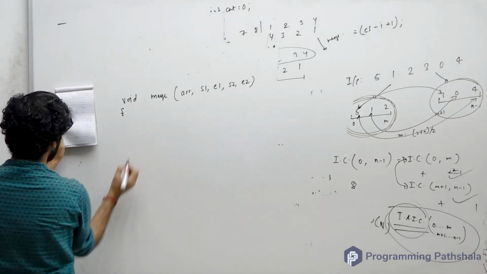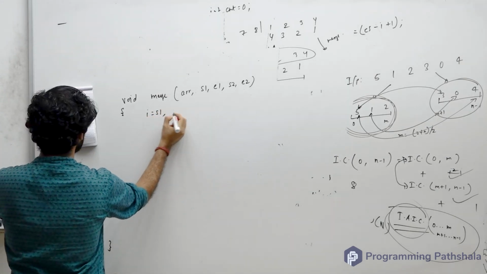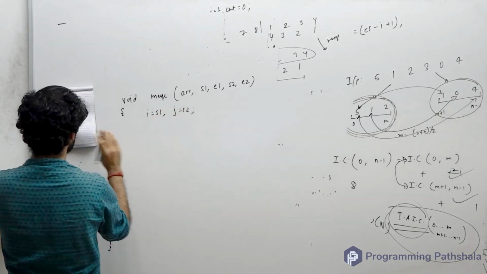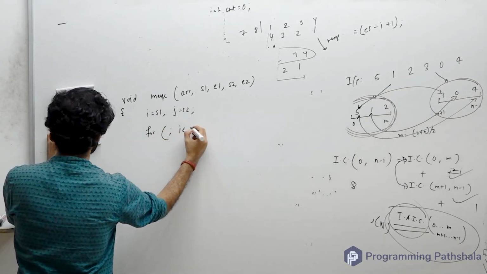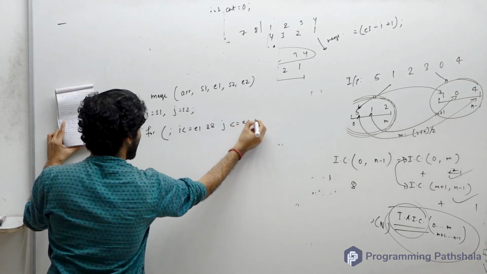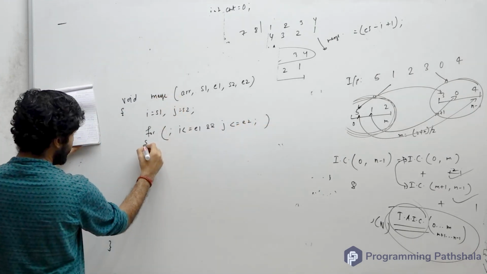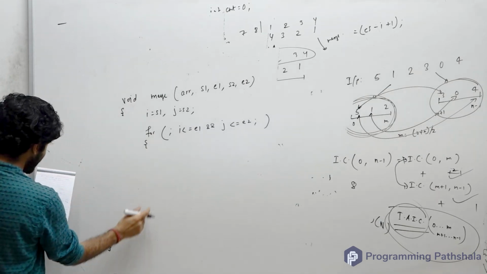Now you have a pointer I equal to S1, J equal to S2, for I smaller than or equal to E1 and J smaller than or equal to E2. I have not written many lines of code. The temporary array is declared outside. I'm just writing a pseudocode kind of thing.